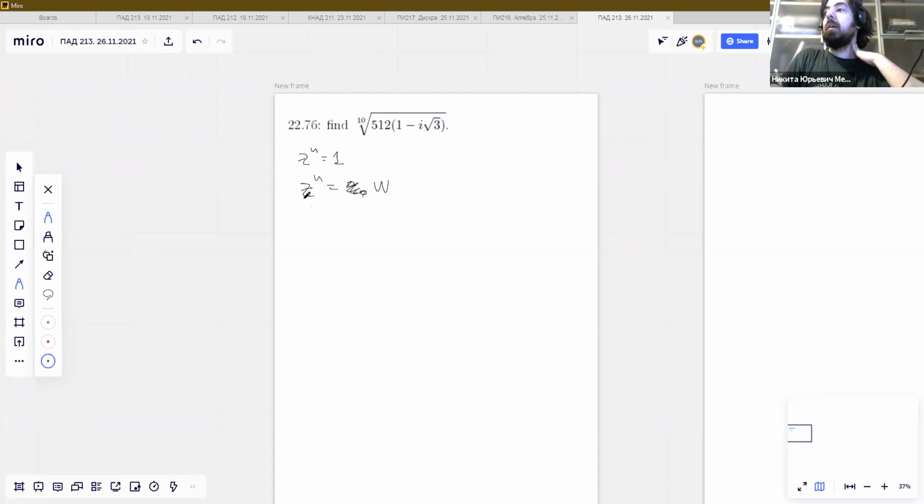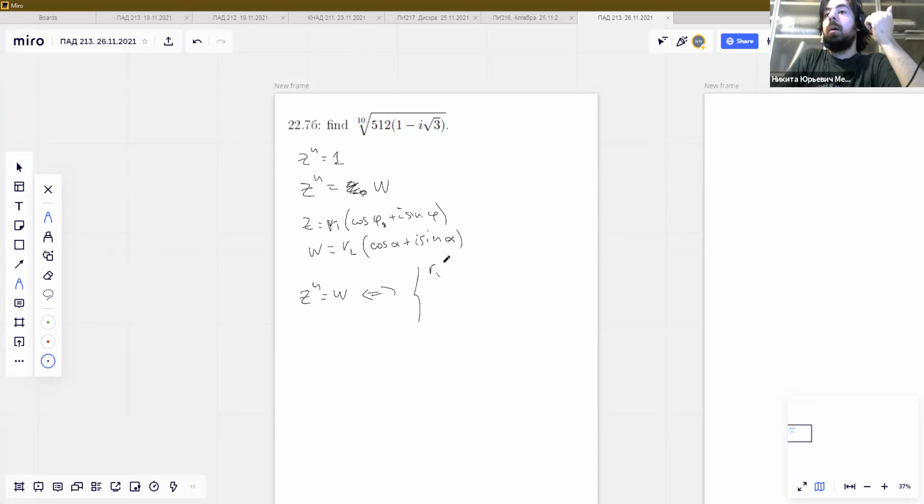If Z^n equals W, and Z is R1 times cosine of phi plus i sine of phi, and W equals R2 times cosine of alpha plus i sine of alpha, then it automatically follows that R1 to the nth power is R2, and n times phi is alpha modulo 2 pi k.